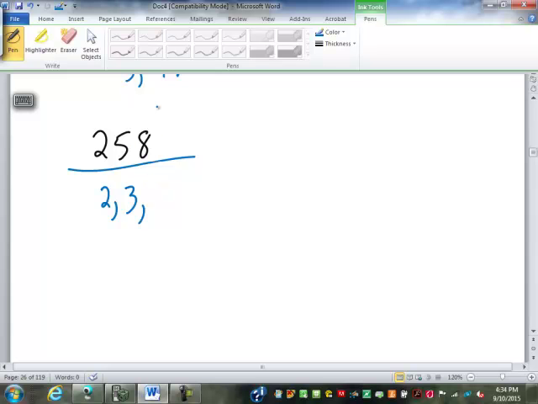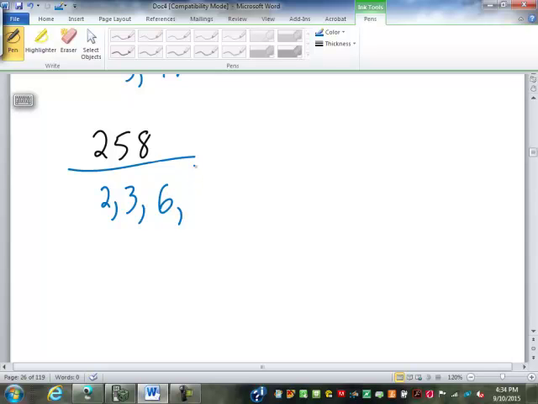Yeah, 58 can be divided by 2, it'd be 29, but it can't be divided by 2 again. 5? Nope. 6? It's divisible by 2 and 3, so we know it's divisible by 6. 7? No. 259 would be divisible by 7, but not 258.